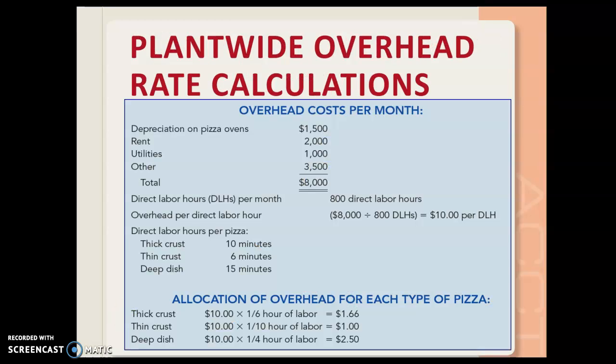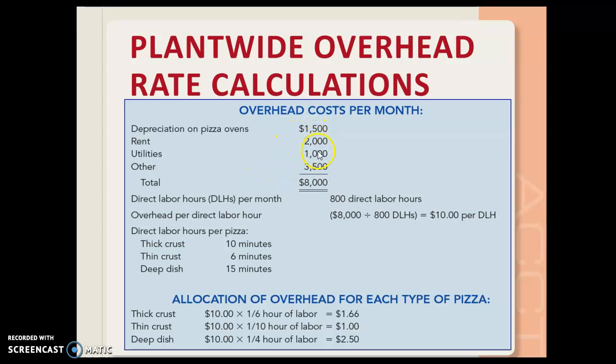For something like a retail place that's making pizzas, but we're not talking a factory situation, we take all of our overhead costs for the month. We have depreciation on the pizza ovens, like our factory equipment, our rent for the building, our utilities for the building where we're making the pizzas, and various other actual costs of the building and equipment.